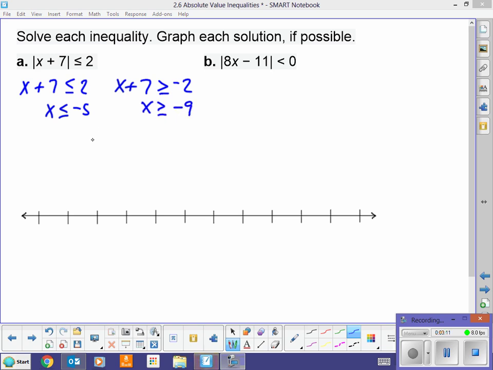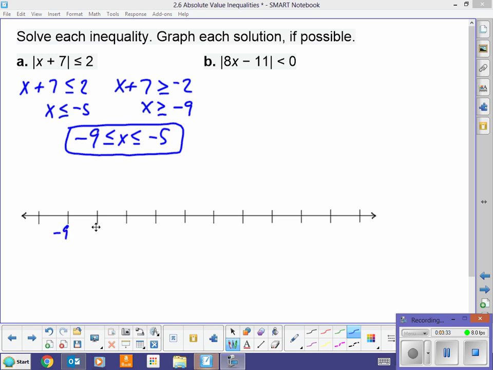Writing this as a single statement conjunction, my smaller number goes to the left, negative 9. x is in the middle. My larger number, negative 5, is to the right, just like on the number line, and I'm pointing to the smaller number, so I'm always pointing to the left. I'm always pointing at smaller numbers. Let's go ahead and graph these here.